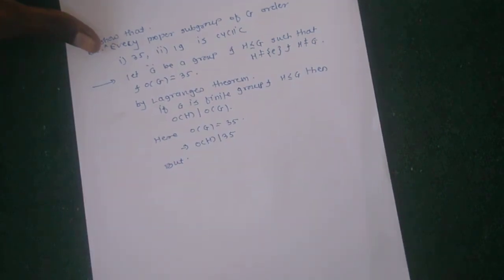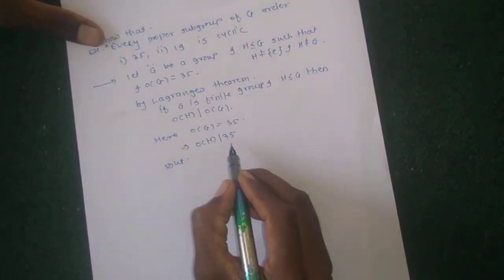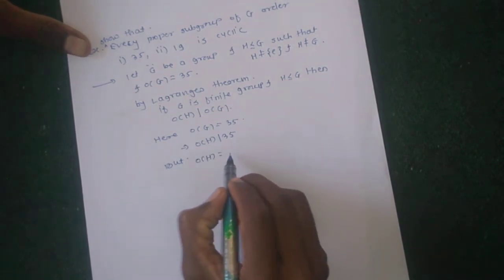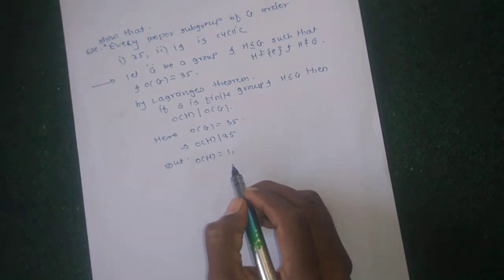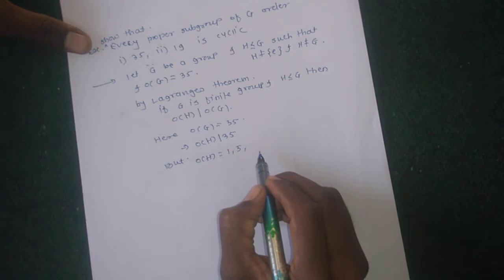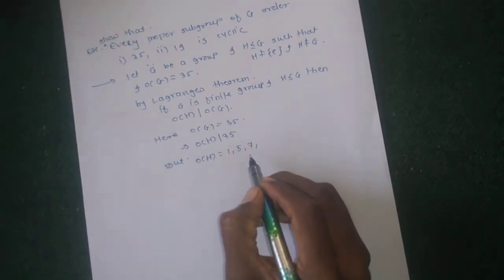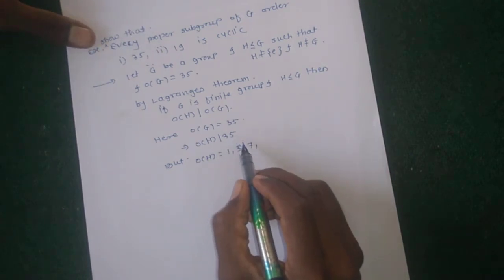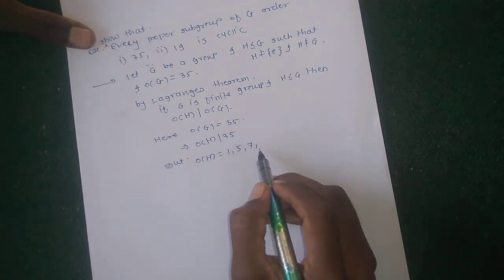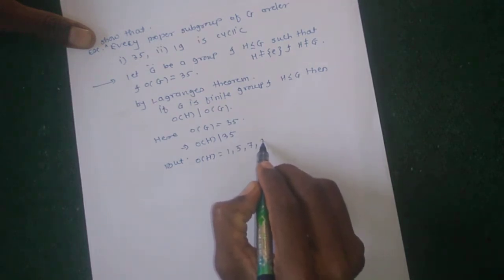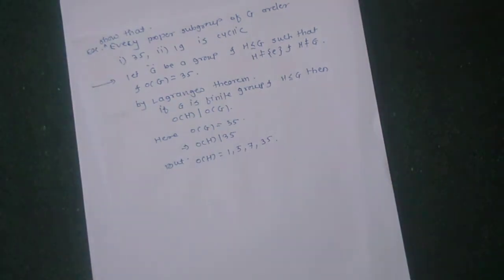Divisors of 35 are 1, 5, 7, then 35. These are only four divisors of 35.